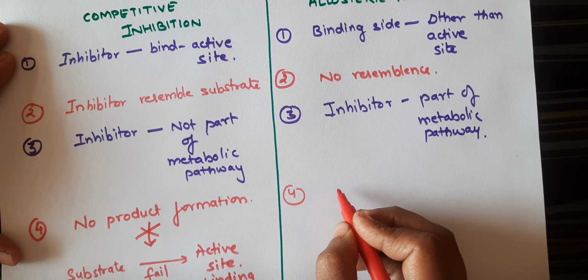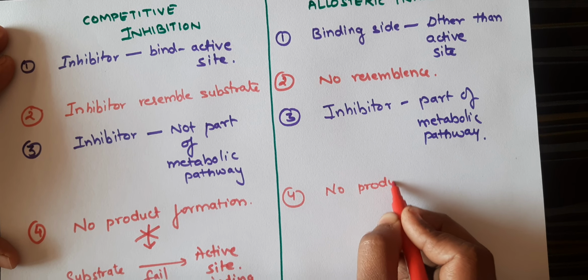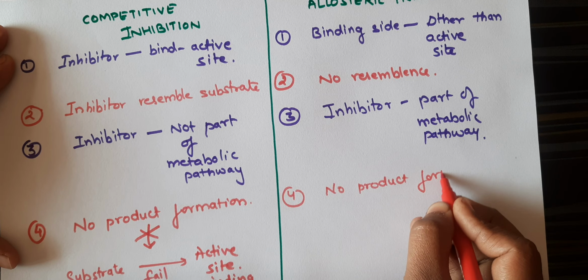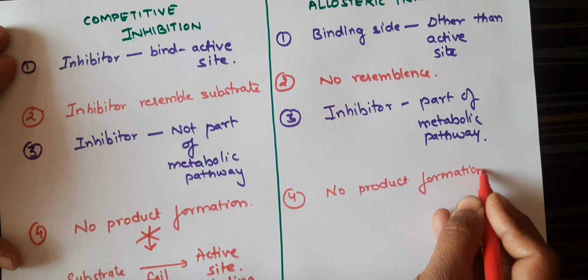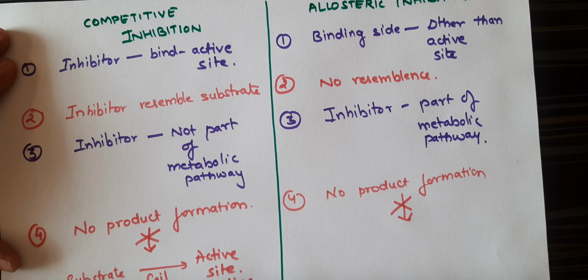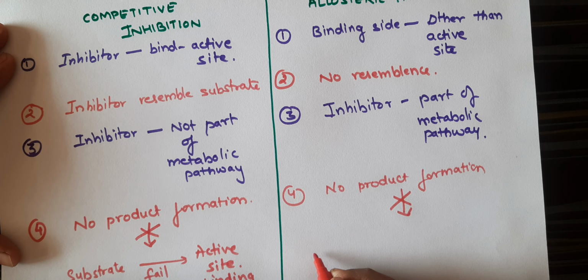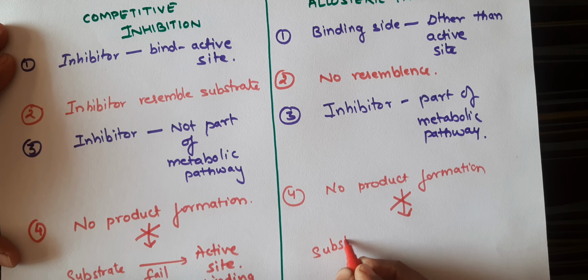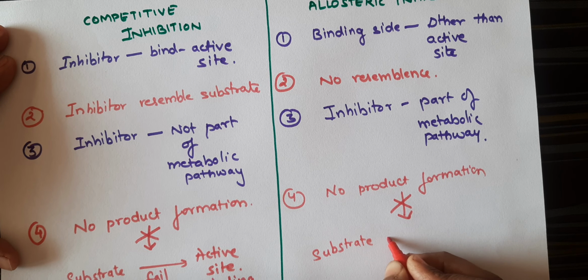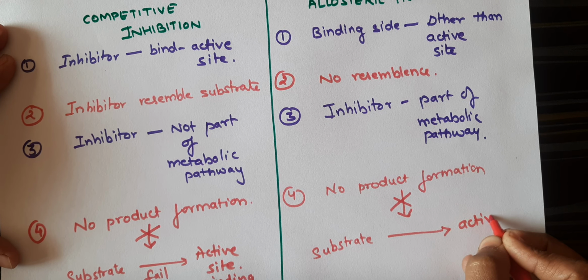However, in case of allosteric inhibition also, there is no product formation. And the reason we are going to study now. I will put a cross that there is no product formation. However, the reason for the failure of product formation is that the substrate is not able to bind the active site.